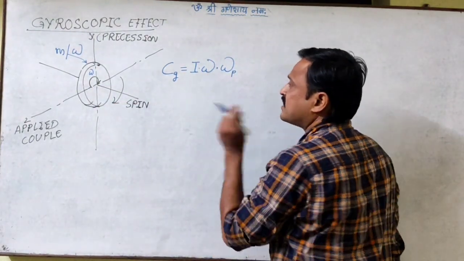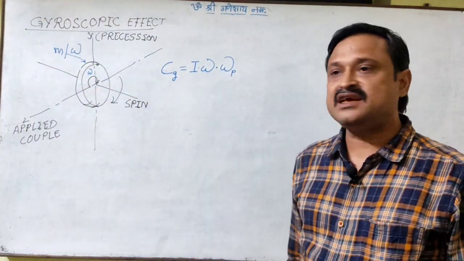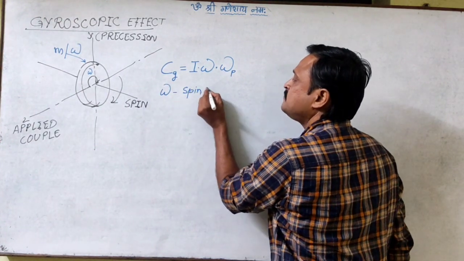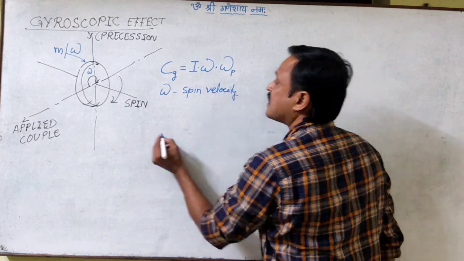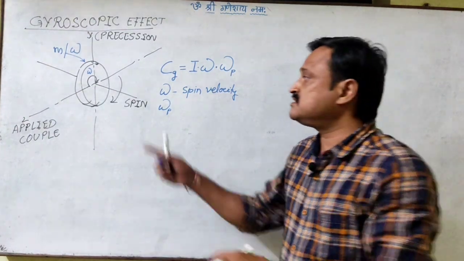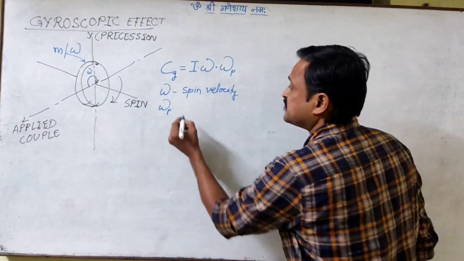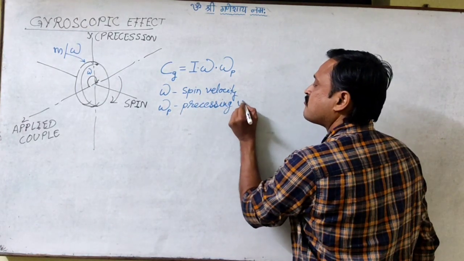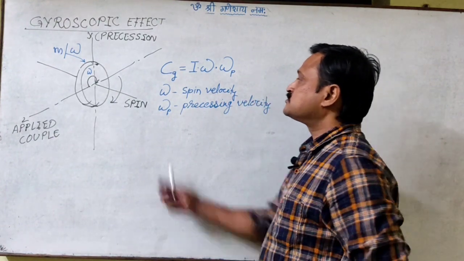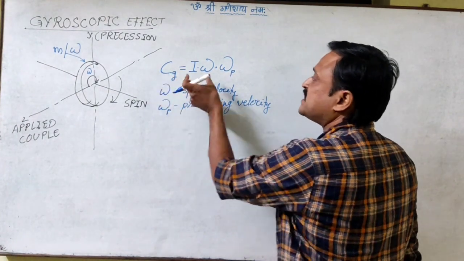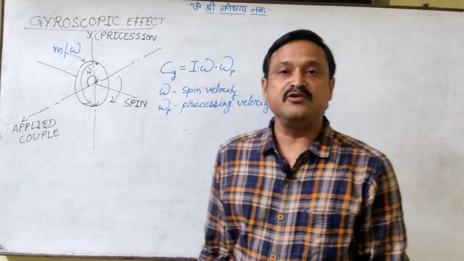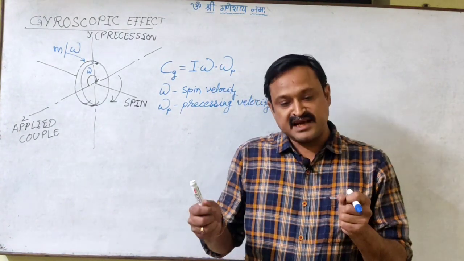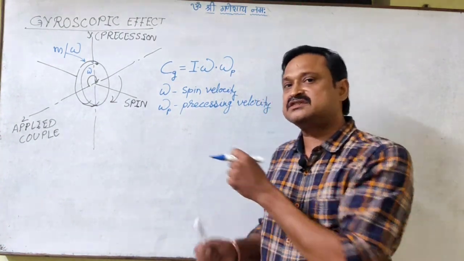So omega is the spin velocity, and omega p is the velocity by which this body is precessing, the precession velocity. So the magnitude of the couple is the product of I omega, the angular momentum of the disc, and omega p, the precession velocity, that is, the velocity at which the body starts precessing.